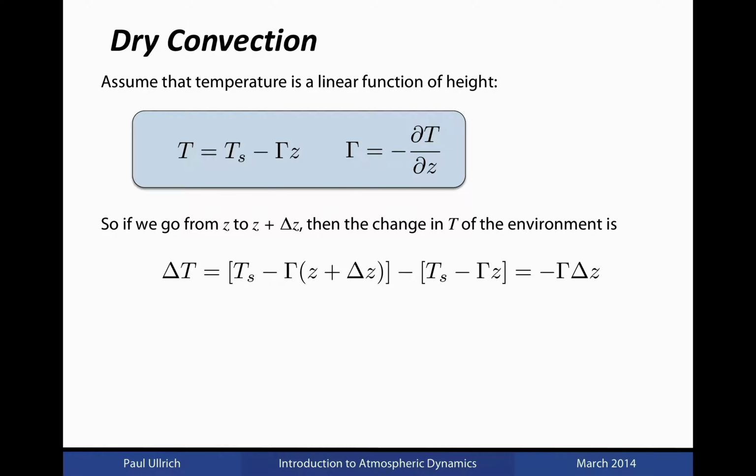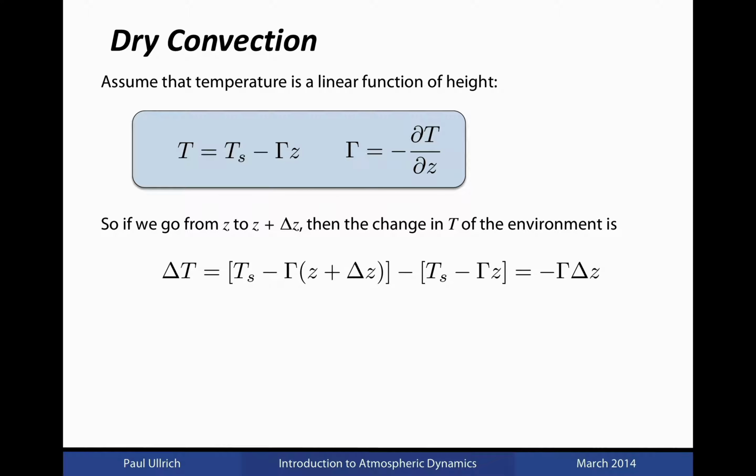Okay, let's consider this quantitatively. If we assume that temperature is a linear function of height in the background environment, we can write the temperature profile as surface temperature minus environmental lapse rate times altitude. Again here, the environmental lapse rate is defined as negative dT/dz. This is analogous to a first-order Taylor expansion of the temperature.